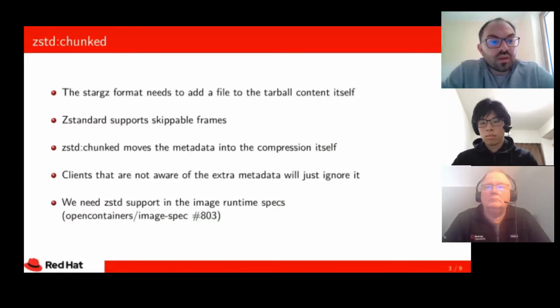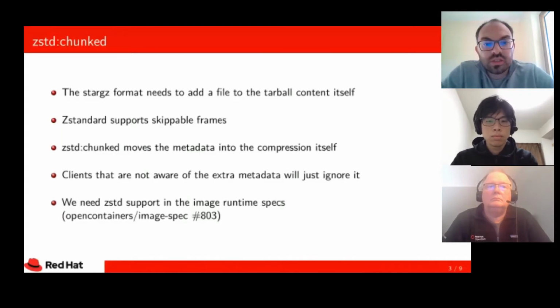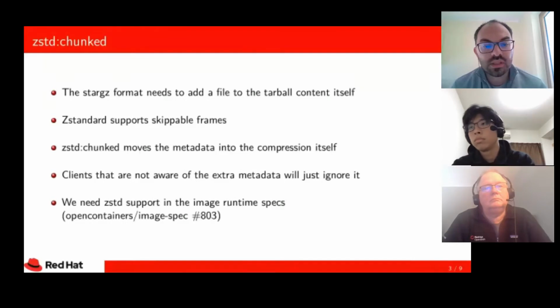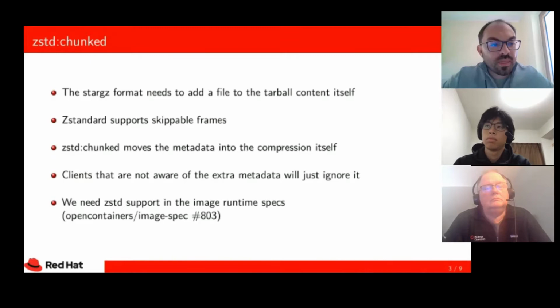And also, I wanted to solve some of the problems I saw in the initial eStargz format. And the eStargz format actually needs a file that is added to the tarball itself for the metadata. Instead, with zstd, the metadata can be moved to the compression layer so that the original payload is unchanged, but any additional metadata is added as part of the compression.